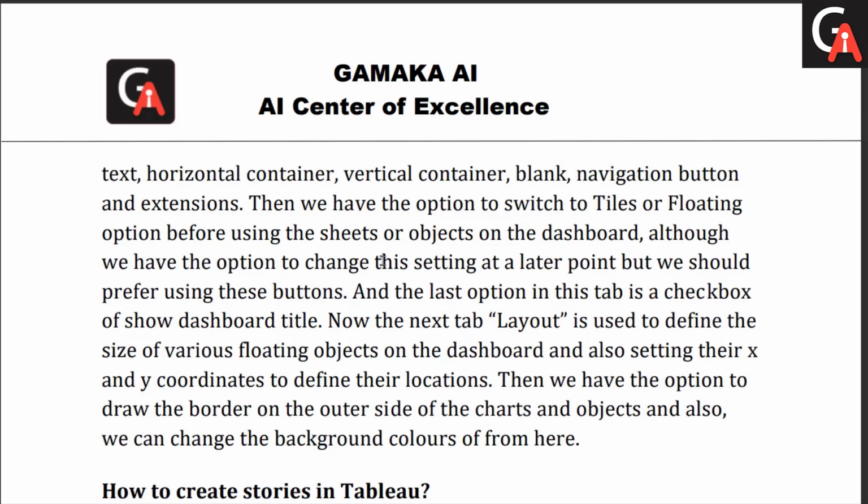Then we have an option to switch to tiled or floating before using the sheets or objects on the dashboard. Although we have the option to change its setting at a later point, we should prefer using this button. And the last option in the tab is the checkbox to show dashboard titles.